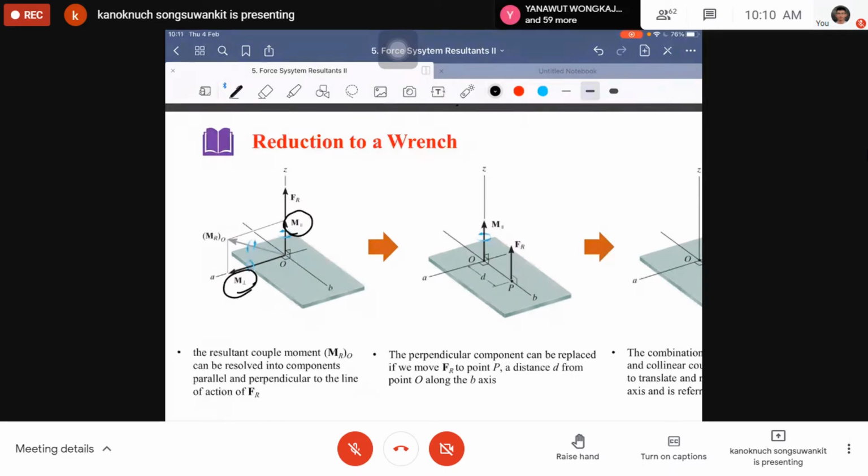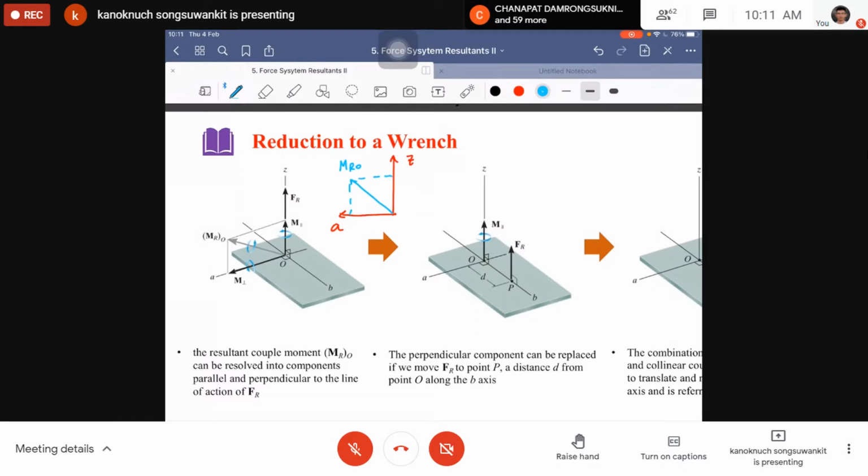So you can see from this construction, this form. So let's plot it into a coplanar system. So we have x and a axis. And this MRO is located on this space. This MRO can be resolved into these axes.